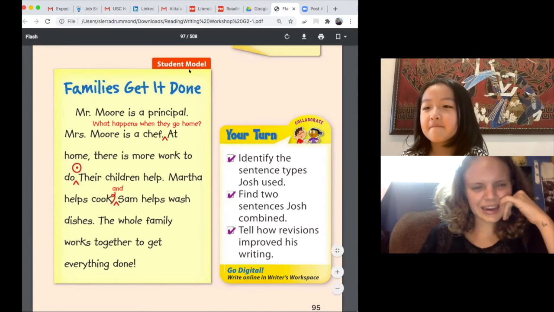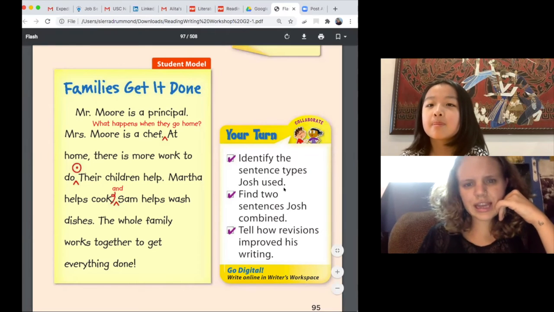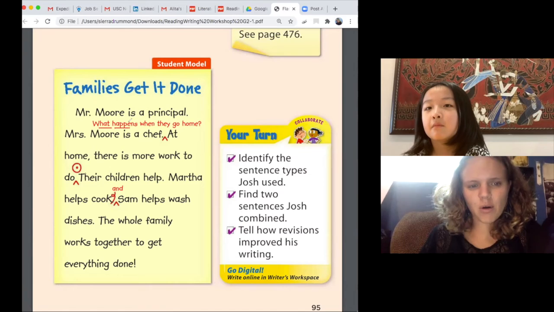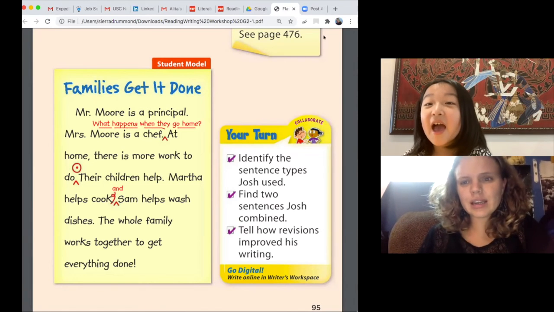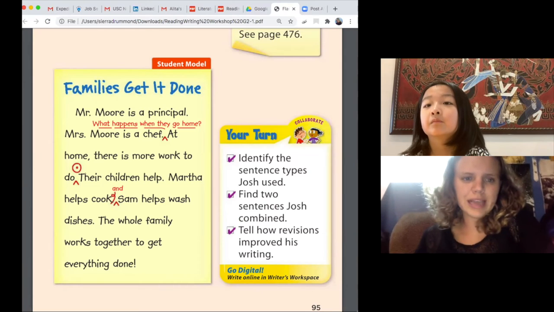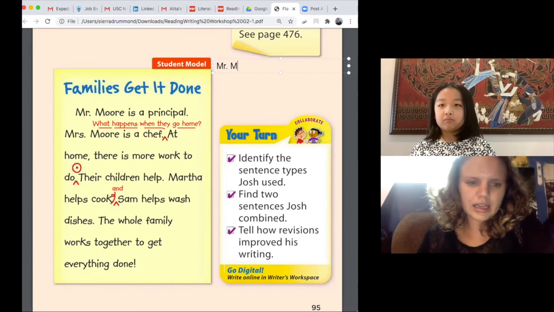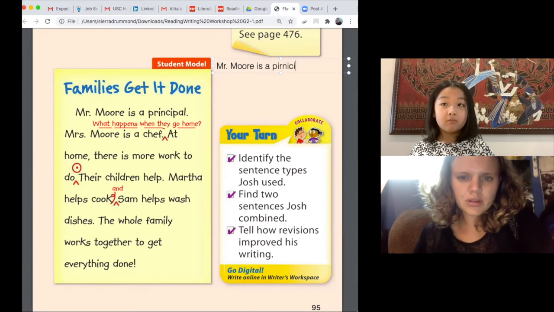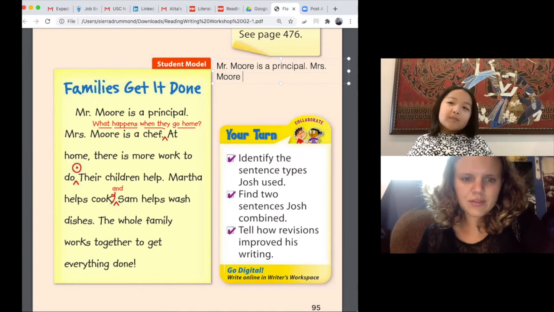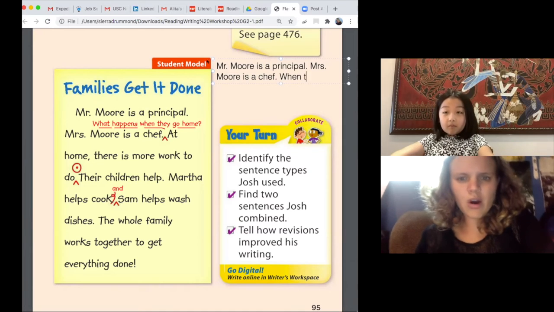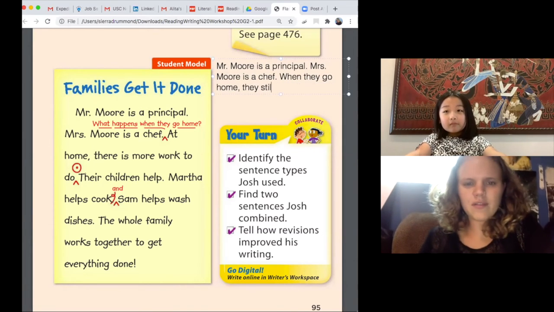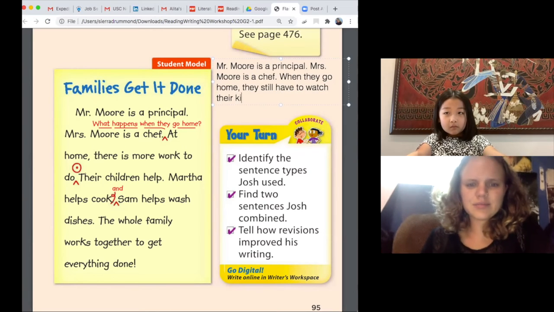I think it is. I don't think he necessarily wants him to write the words what happens when they go home. He wants him to write. Yeah, but I think he means add something about that. For example, Mr. Moore is a principal. Mrs. Moore is a chef. When they go home, they still have to watch their kids.